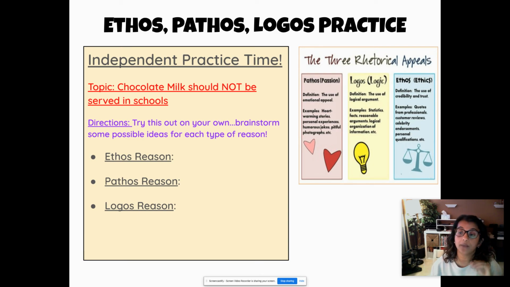Don't make it too complicated though, because this is just a quick practice. Now, if it's coming easy to you and you're starting to understand it and get the hang of it, awesome. If you're not, you probably need to join my small group sessions on Tuesday or Wednesday, or Schoology message me so we can practice this together and I can give you feedback.